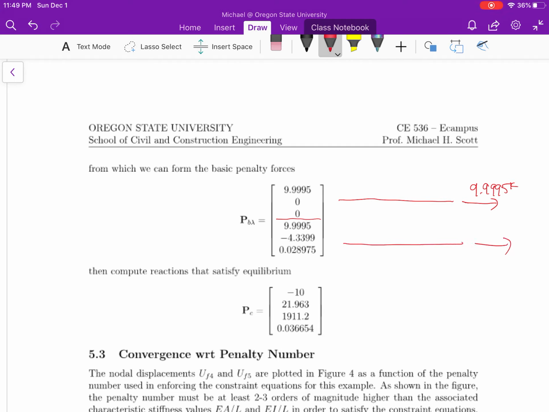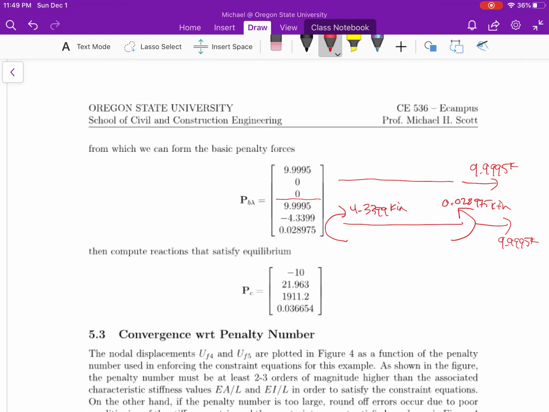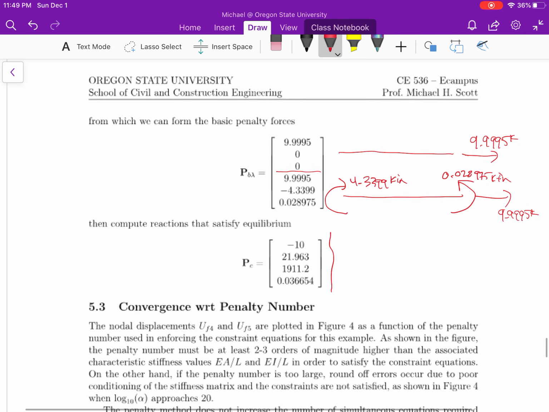And for element 2, we also have 9.9995 kips, and then 4.3399 kip inches, and a small moment of 28975 kip inches. Then adding these forces into our force recovery for the elements, we can get these reactions here, which can be shown to satisfy equilibrium.